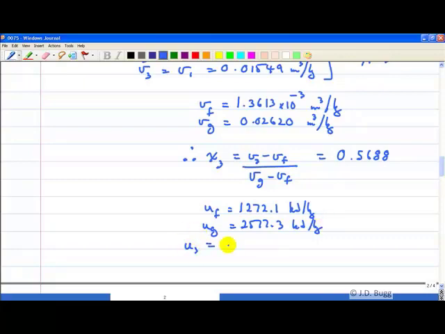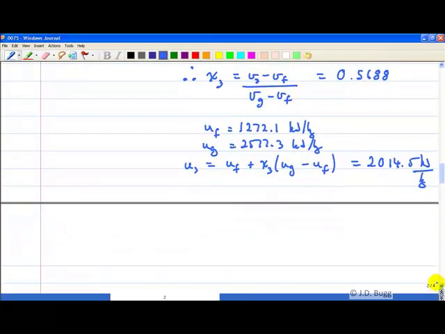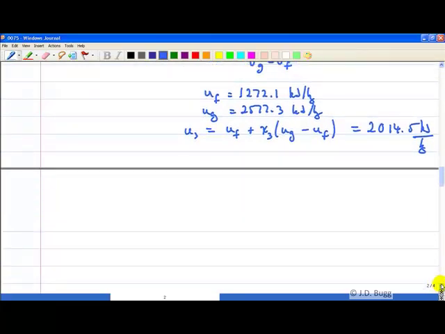And so U3 will be UF plus the quality at 3, which we just got from the volume, times UG minus UF, which is equal to 2014.5 kilojoules per kilogram.